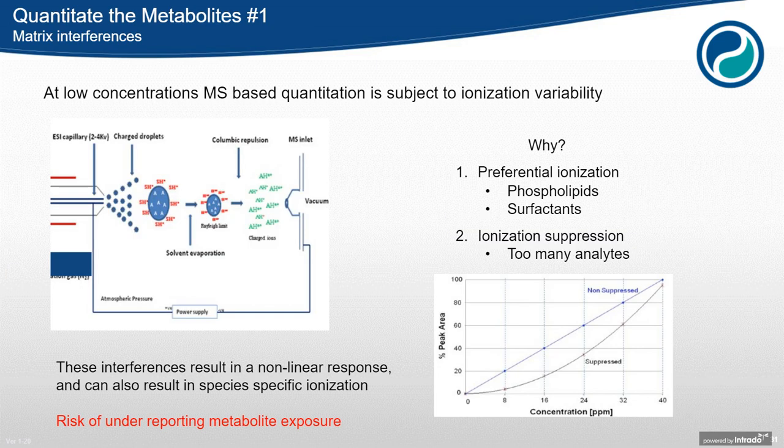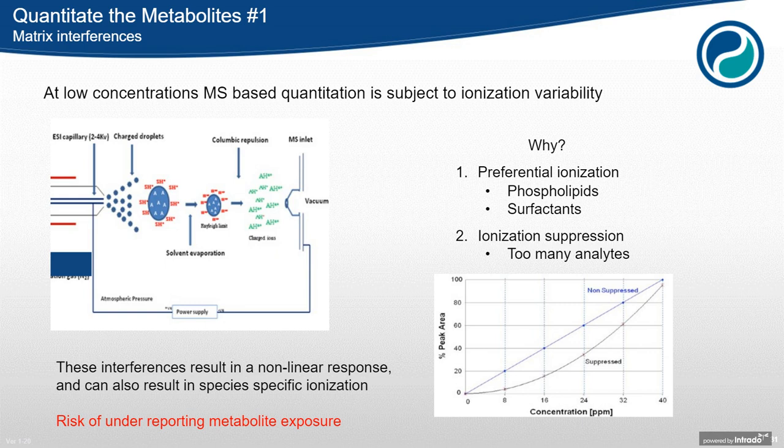So this is a schematic of the electrospray source, as it were. What's happening is we're getting desolvation, we're getting accumulation of charges on the surface of the spray, and so you can get preferential ionization at that point, where phospholipids, surfactants will preferentially ionize, or there may simply just be so much material in your electrospray plume, too many analytes, it suppresses the ionization of the analyte of interest.